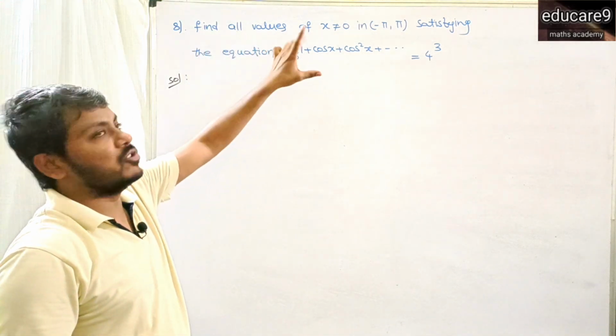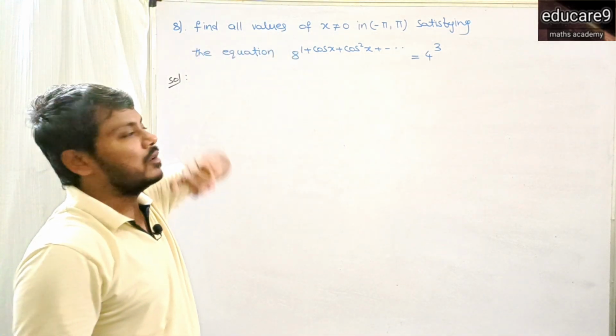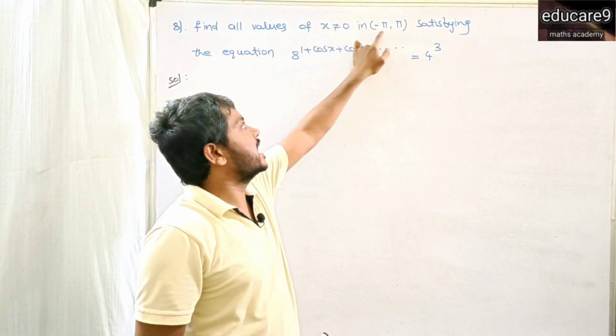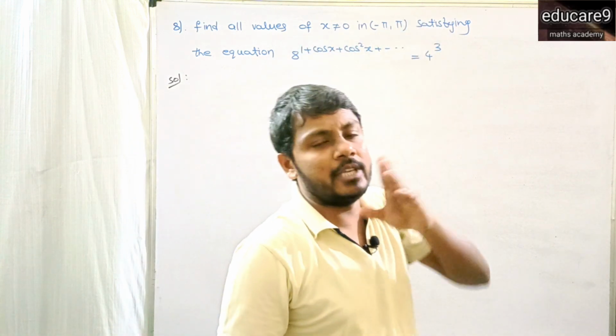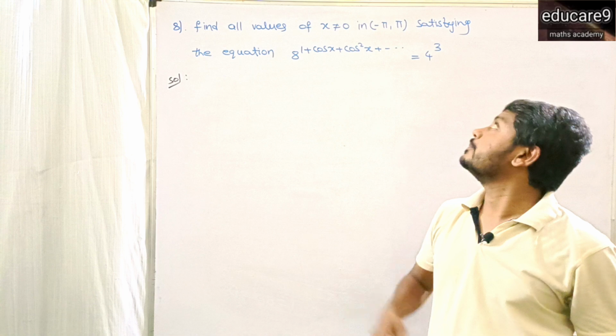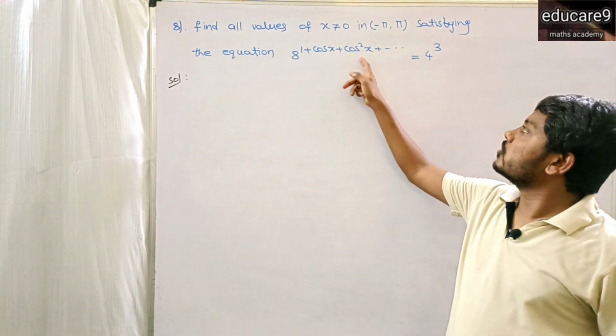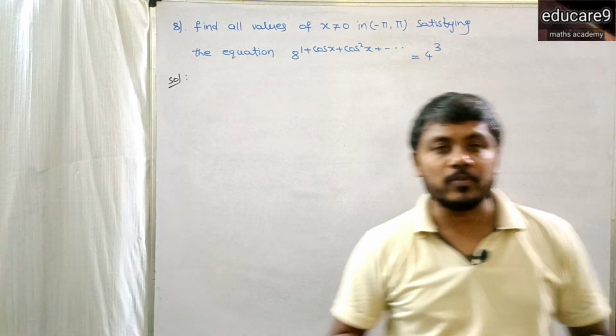Next, question number 8. Find all values of x, where x should not be equal to 0, and the x values lie in the interval minus pi to pi, means minus 180 to 180, satisfying the given equation. 8 power this one is equal to what? 4 cube.